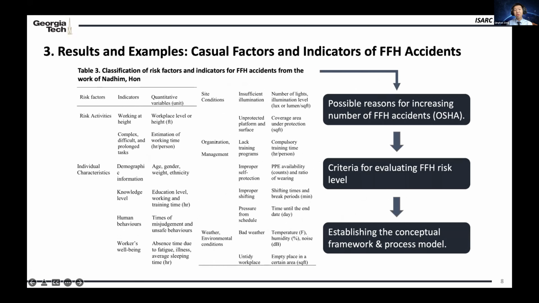Then comes the third part, the results and examples. The first subsection for this part is the causal factors and indicators for FFH accidents.